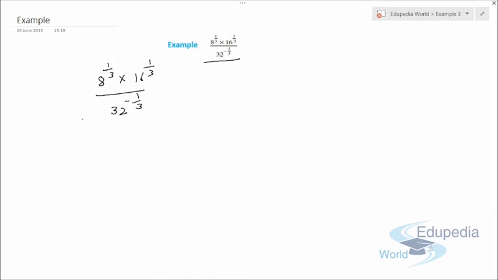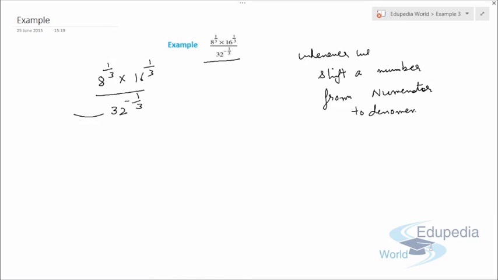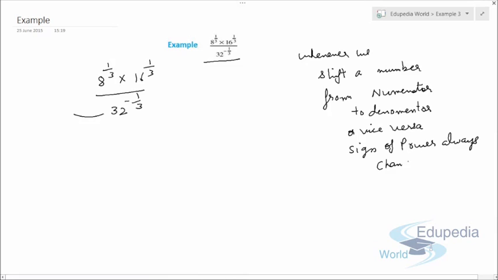Now one important concept over here: whenever we shift or change a number from denominator to numerator, or vice versa, the sign of power always changes.